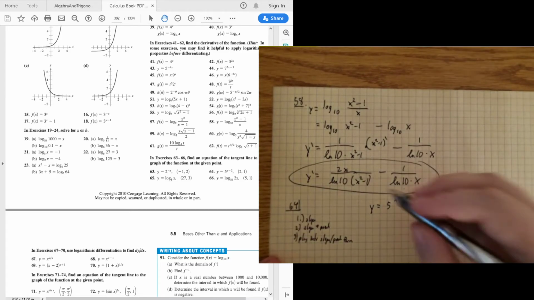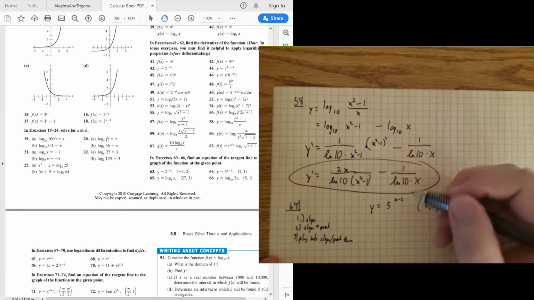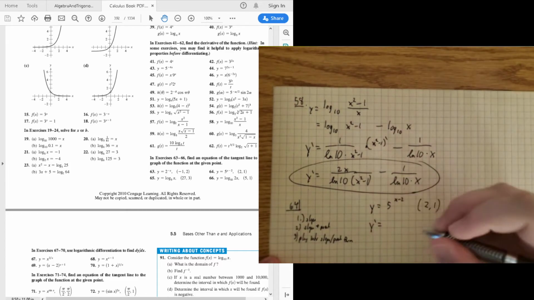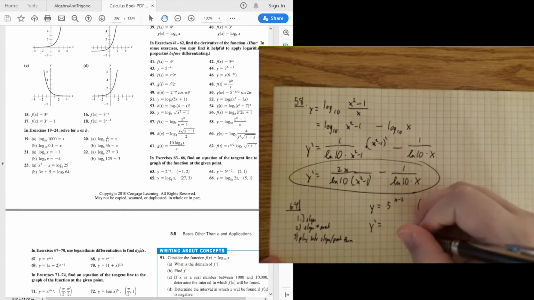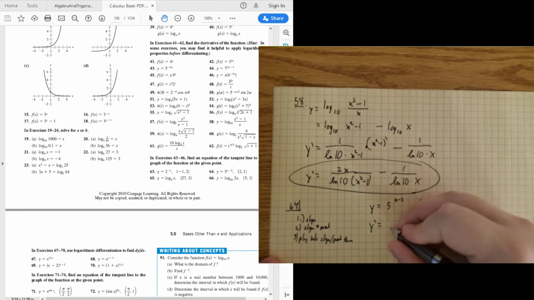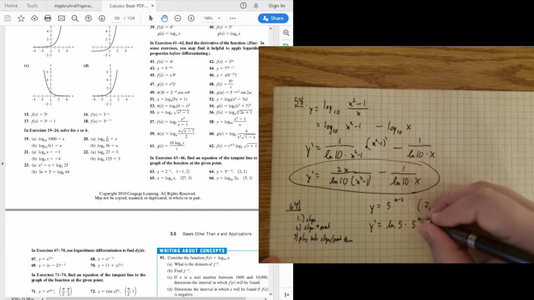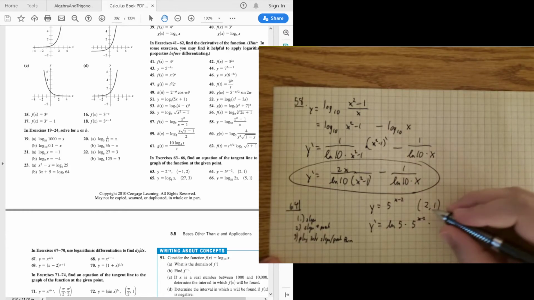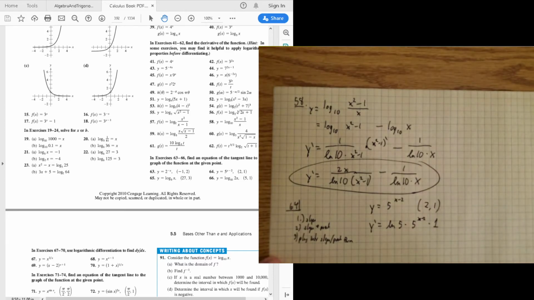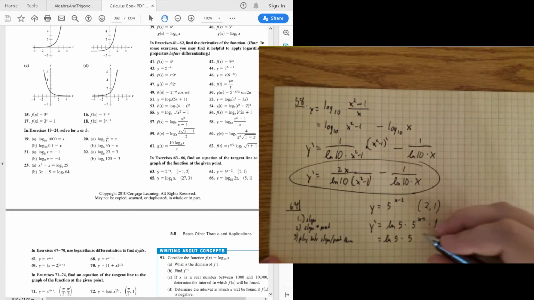Let's do it. Y equals 5 to the x minus 2 power, so y prime would be equal to, let's see, ln of 5 times 5 to the x minus 2 power times the derivative of x minus 2, which is just 1. And so our slope generating function would be ln of 5 times 5 to the x minus 2 power.